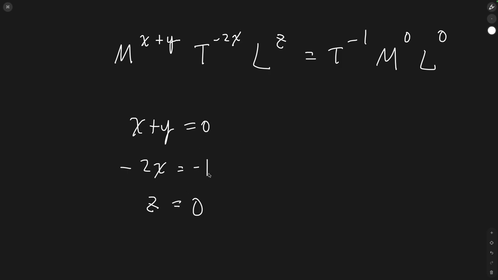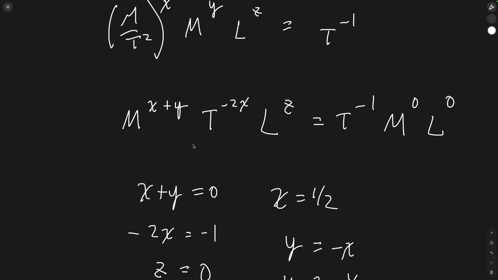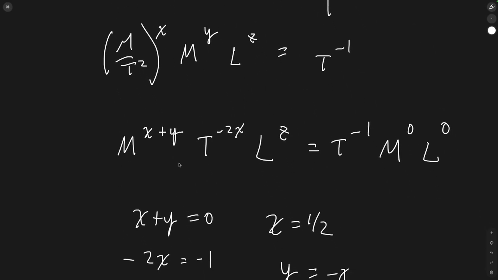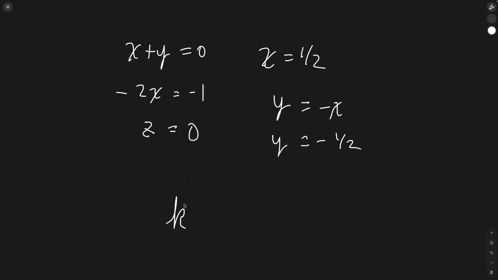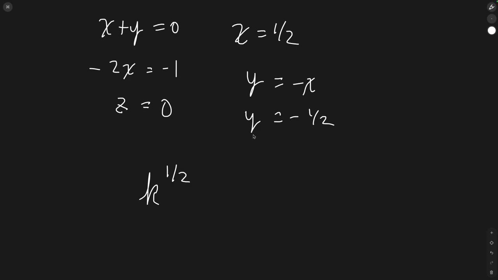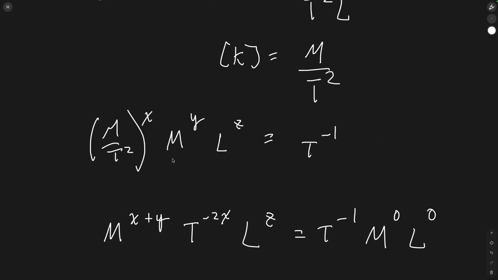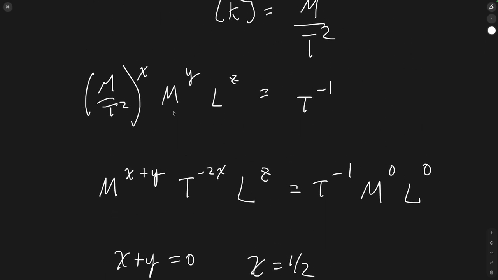So negative 2x equals negative 1. That means x is a half. And then y equals negative x, so y equals negative a half, right? So going back to this, we see that this was k, right? So we have k to the half, and then y was minus a half, so that's m.